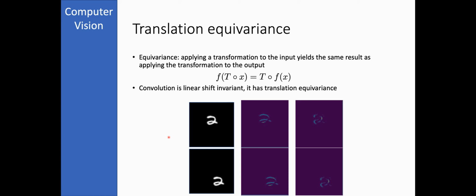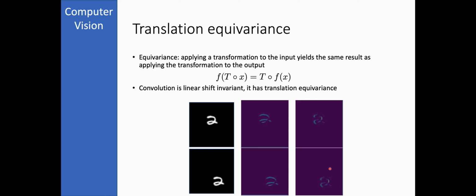To prove this very simply, we can apply, for example, the derivative operators, and we know that they're convolution operations, to these two images. And we notice that the outputs are not exactly in the same place, but the outputs are almost exactly the same in both of these cases.